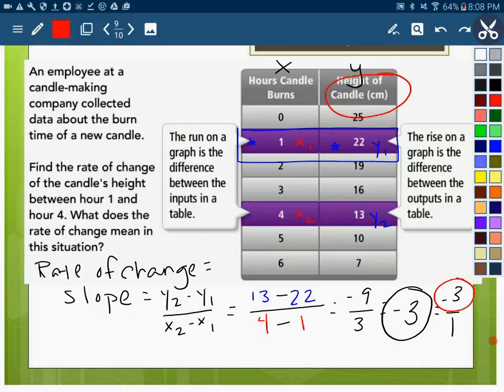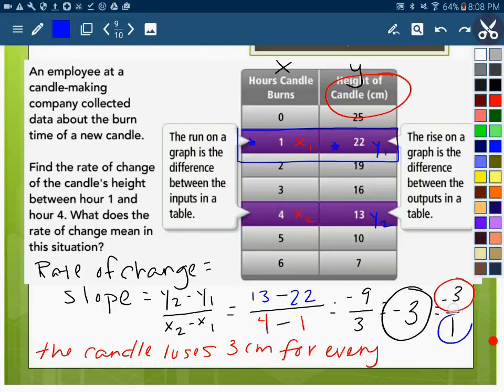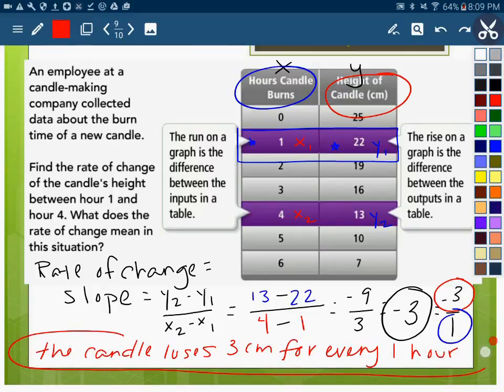So I would say, to interpret this in real life terms, I would say the candle loses, for that negative symbol, loses 3 centimeters for every, now the x is 1, and the x represented how many hours the candle had been burning. So I'm going to say for every 1 hour. That's my answer to this question in real life terms.